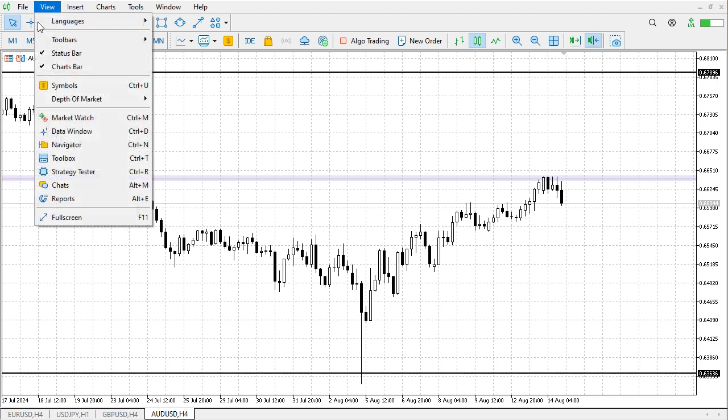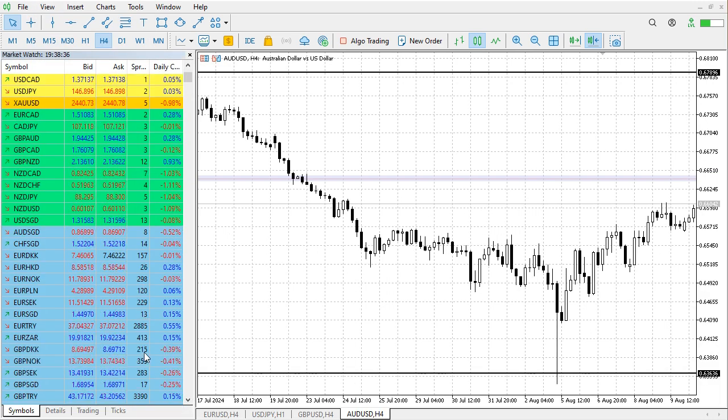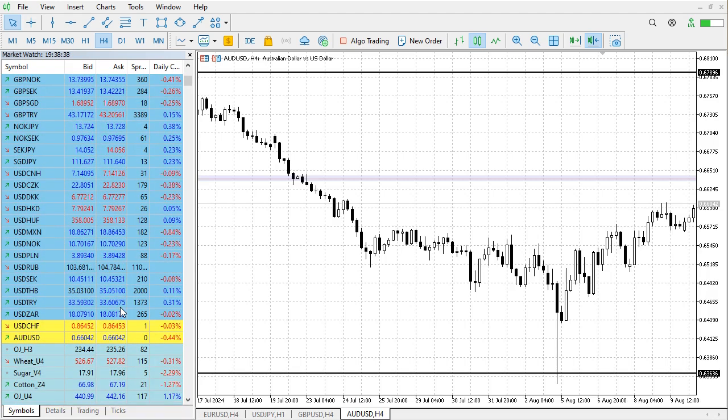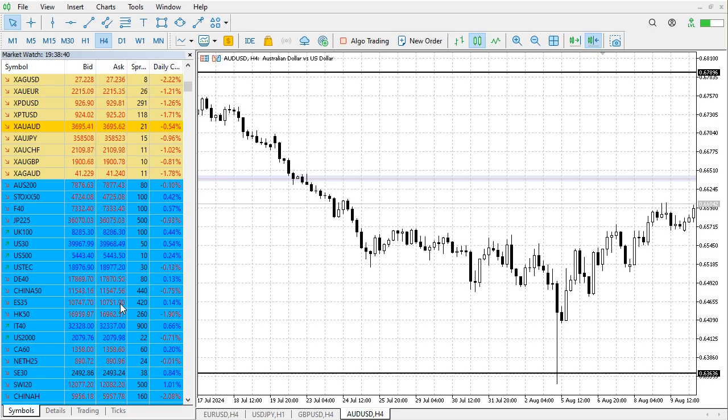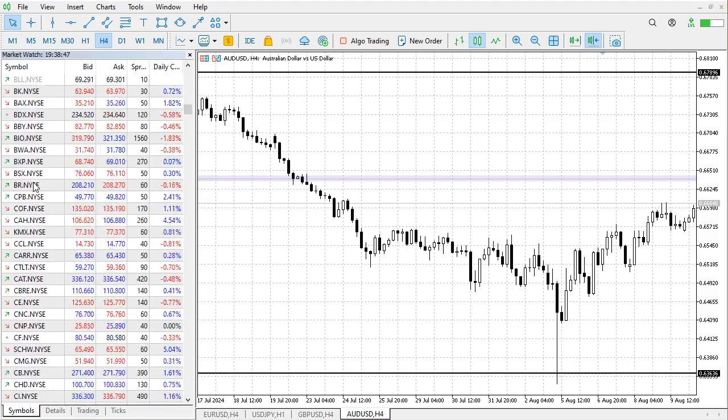But again, let's look at the dollar index. I like to see what the dollar index is doing.